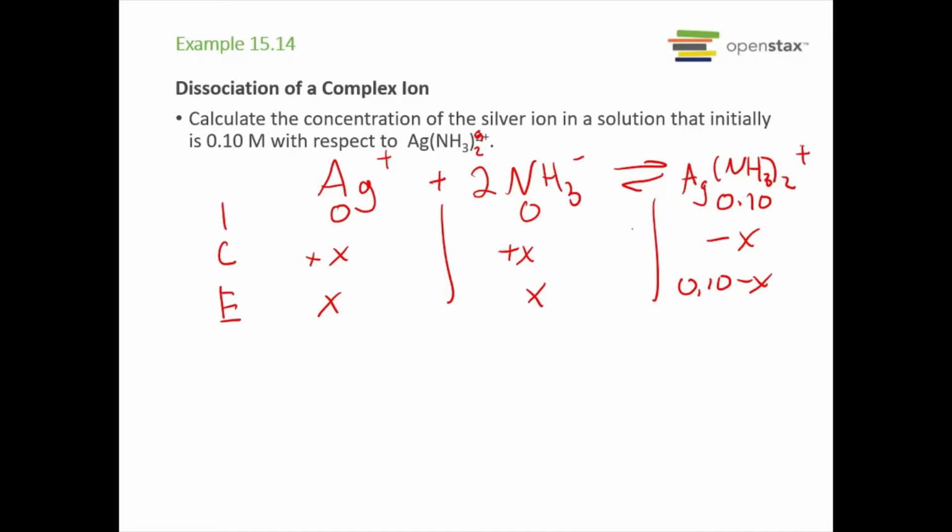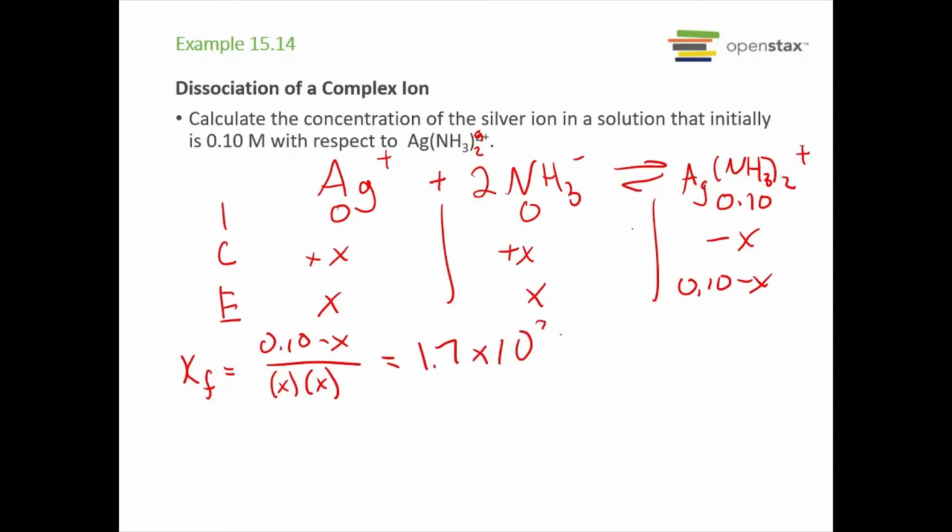So our Kf expression is products, which is the Ag(NH3)2+, so 0.10 minus x, divided by our reactants, x times 2x squared. The Kf, when we look it up, is 1.7 times 10 to the 7th power.